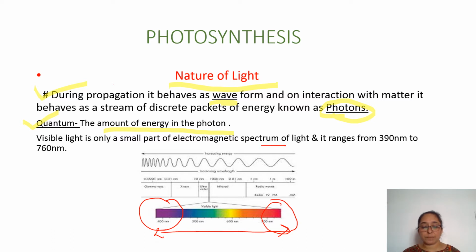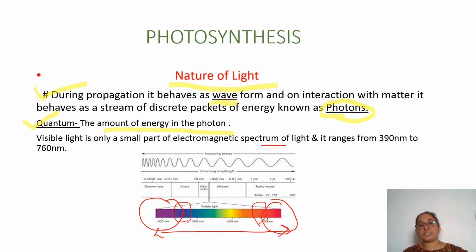The maximum absorption of visible light by photosynthetic pigment occurs in the red area and the blue. So in the red and the blue region the maximum absorption of light takes place, and light absorption in the yellow and the orange zone is minimum, a very little amount of light is absorbed by this zone.